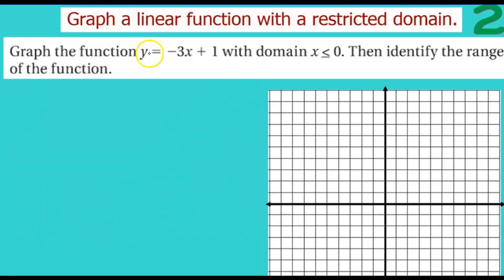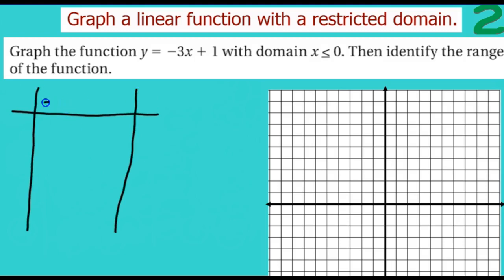Now, we're going to get to something a little bit different. We still have to graph the function y equals -3x plus 1. So we're still going to draw our table. We have our x and we have our y.